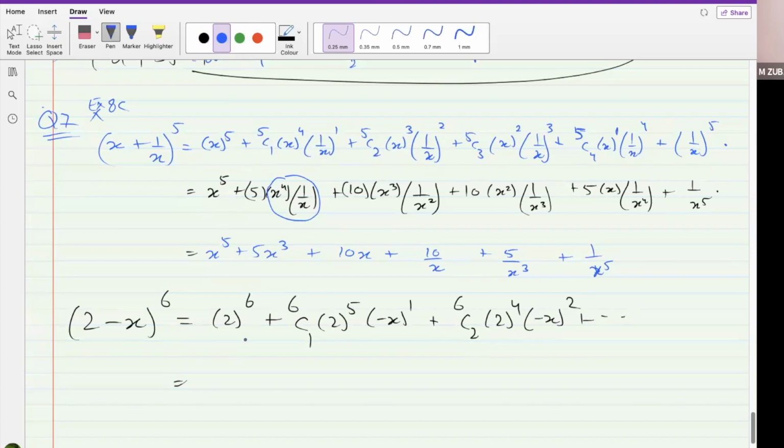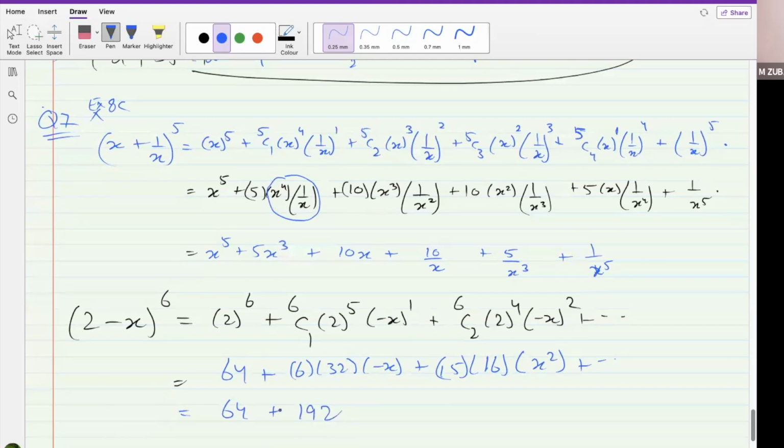Now we simplify. 2 power 6 is 64. 6c1 is 6 into 2 power 5 is 32 into minus x, and 6c2 is 15 times 16 into x square. 64 plus 32 times 6 is 192, and it is negative because there's a negative x there.